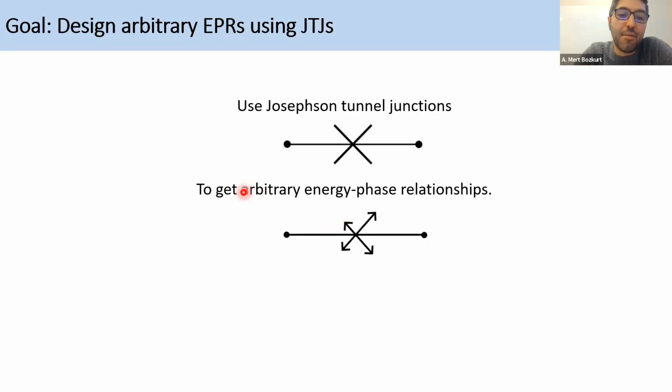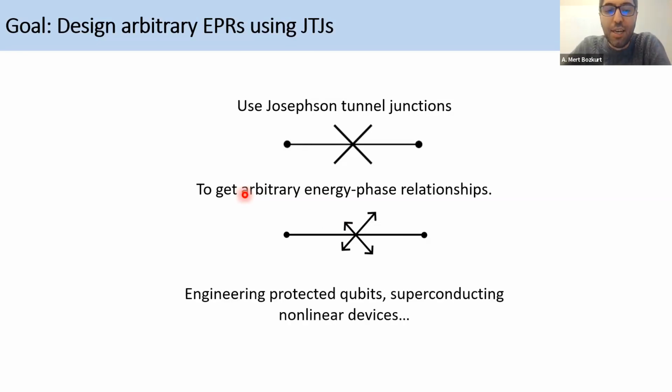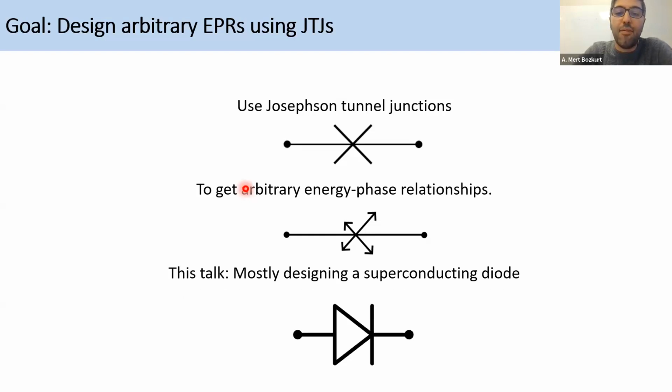The idea is that we would like to generate arbitrary energy phase relationships depending on your application, whether you want to engineer protected qubits or any type of nonlinear superconducting devices. It really depends on the application. But in this talk, I'll be mainly focusing on designing a superconducting diode using only tunnel junctions.